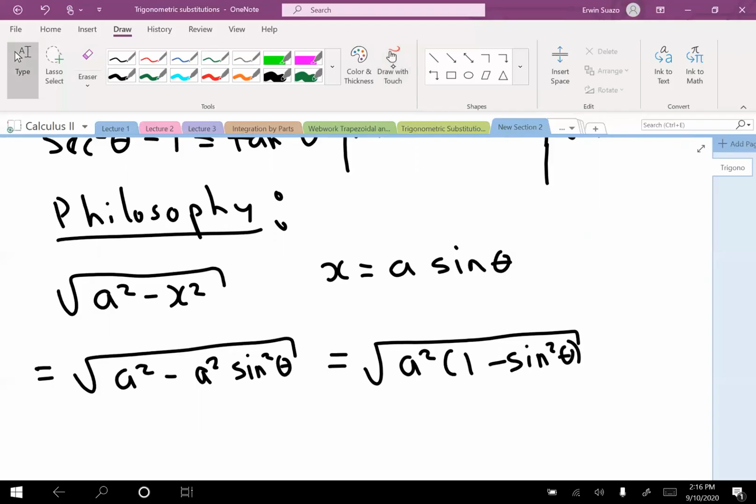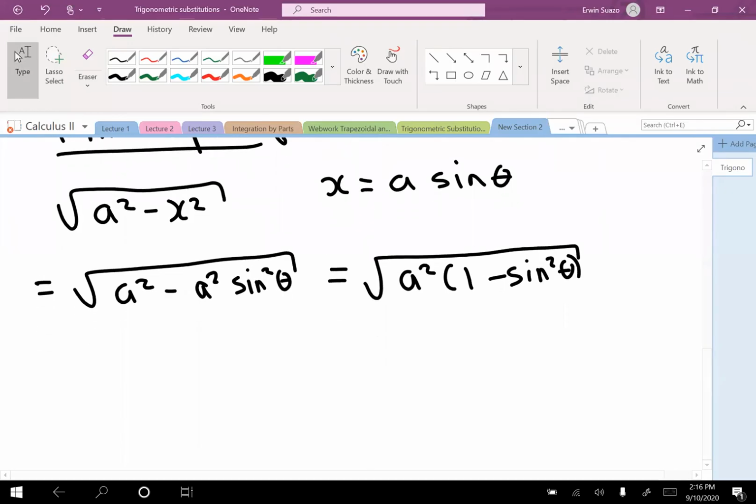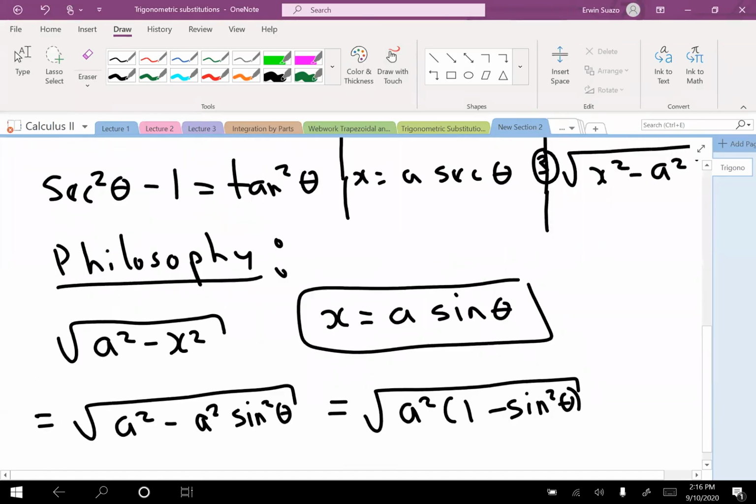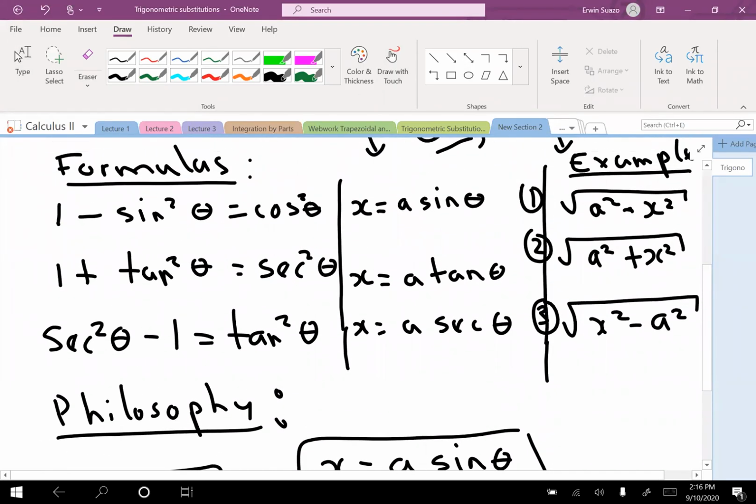Now what do you think I'm going to do? The idea is to simplify this to something nice. So what can I do here? The 1 minus sine squared can be cosine squared. Exactly.